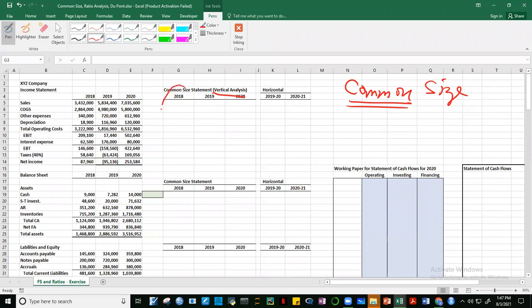Kasi every year, guys, kunyari for 2018, lahat ng mga accounts dito, sales, cost of goods sold, etc., all the accounts will be referenced to one common figure, one common number. So, if you're working with the income statement, ang common size natin will be sales. Okay? So, ibig sabihin, lahat will be divided by sales.